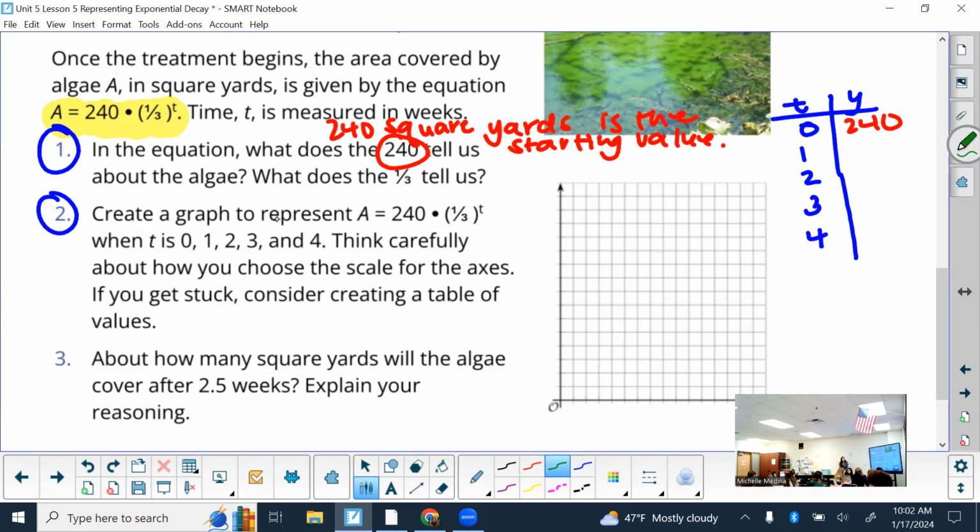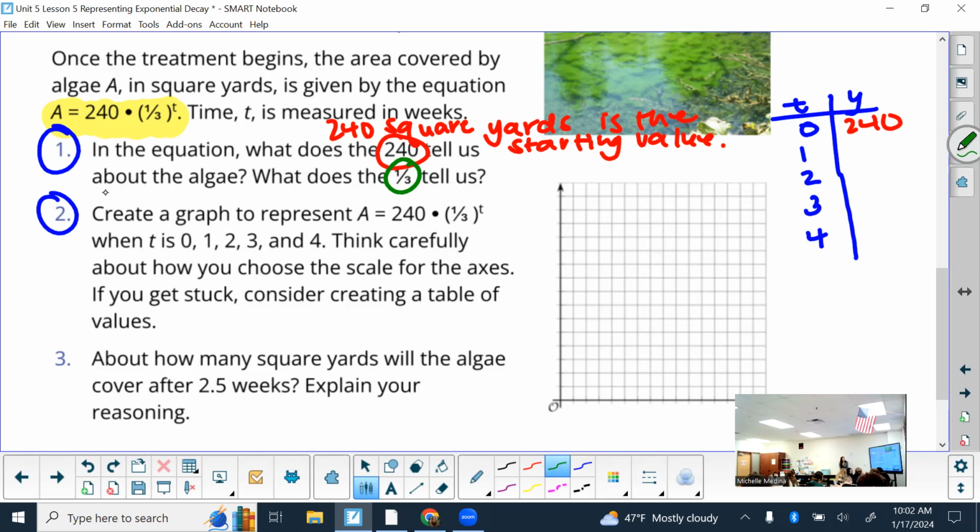Would the algae be increasing or decreasing over time? Table 5, table 6. Decreasing, so it's decreasing. There's 2 ways you could say this.